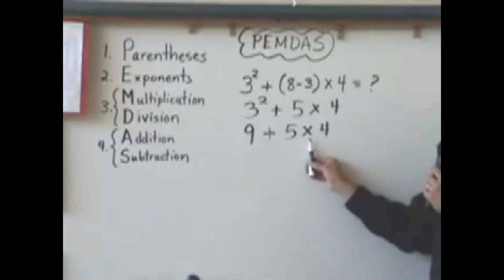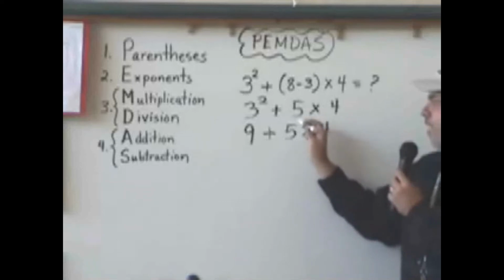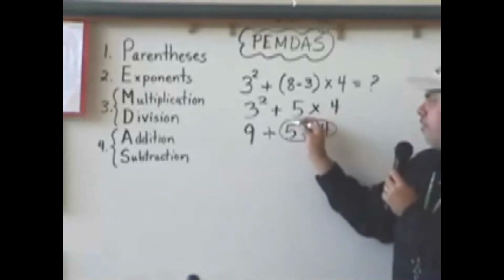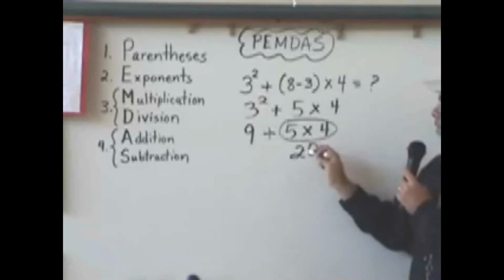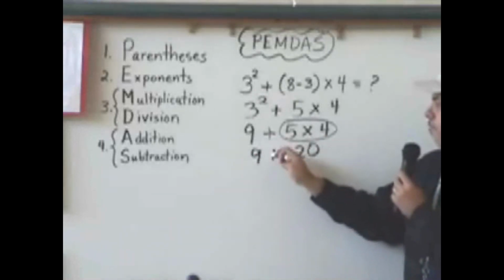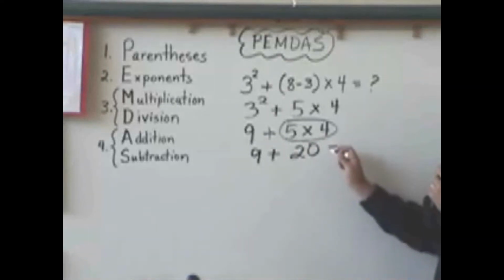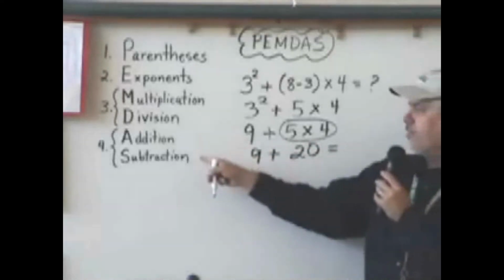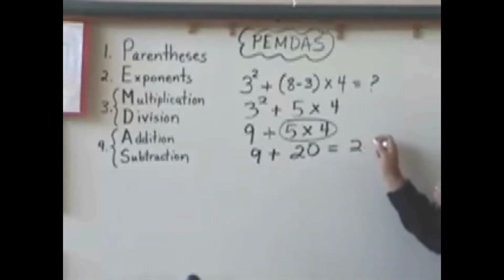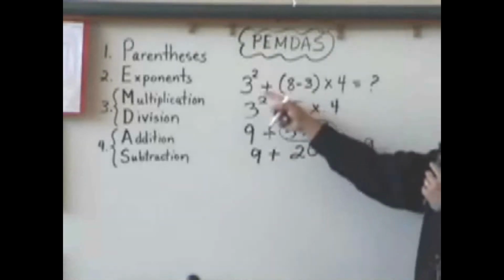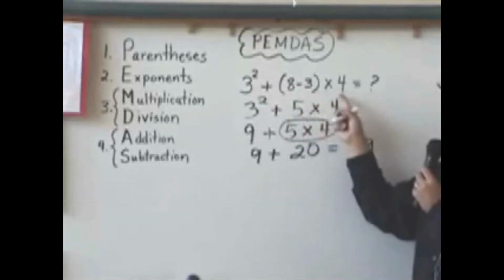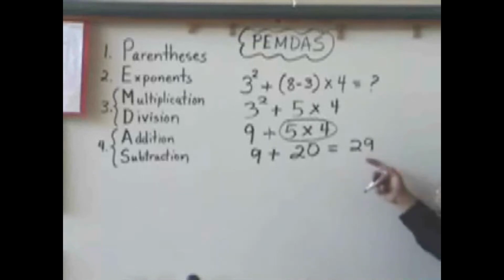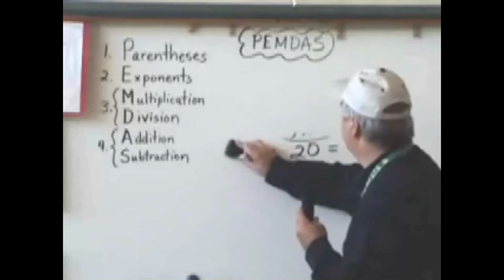Oh, there's a times sign right there, multiplication. So that means I have to do this part next. 5 times 4 equals 20. And now I have this, 9 plus 20. And that's easy, because now I can do the addition and subtraction, and I get 29. So the answer to this problem, 3 to the second power plus 8 minus 3 in parentheses times 4 equals 29. Let's take another problem.